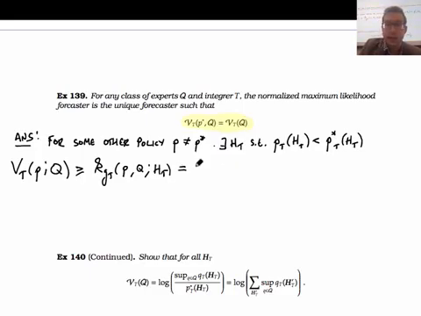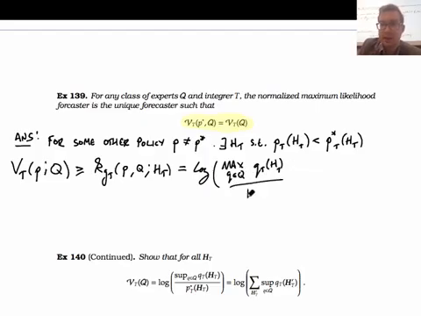And that is equal to, from the way we defined the regret before, the maximum over Q of Q of t of h, divided by the policy's prediction. That's just the definition of the regret here.